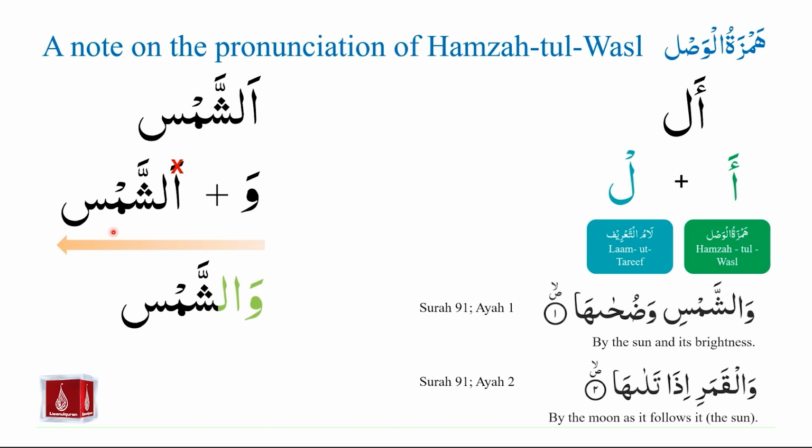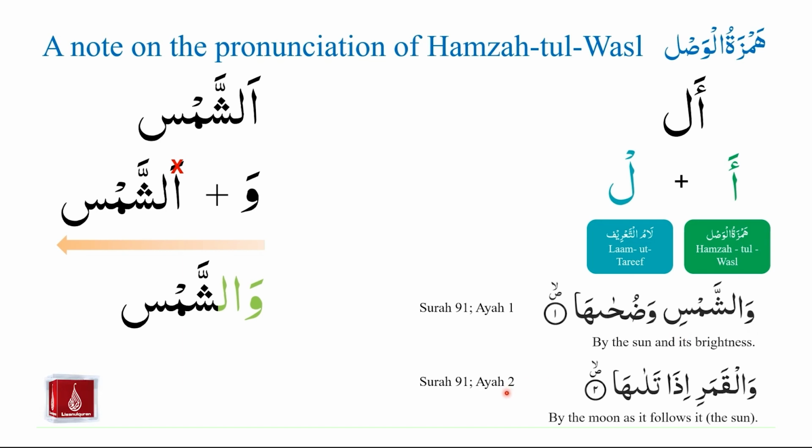In examples from the Holy Quran, in Surah 91, Ayah 1, Allah subhanahu wa ta'ala says Wash-Shamsi. Rather than Wa Ash-Shamsi, it's pronounced Wash-Shamsi. Over here, the Hamzatul Wasl has been turned into an alif. The harakat on Hamzatul Wasl is removed, and now we have a very fluent pronunciation of Wash-Shamsi.